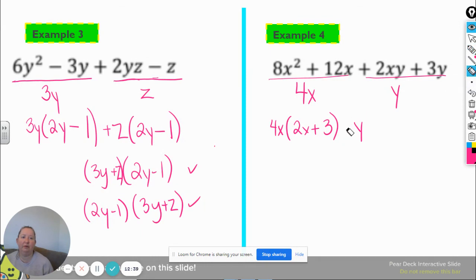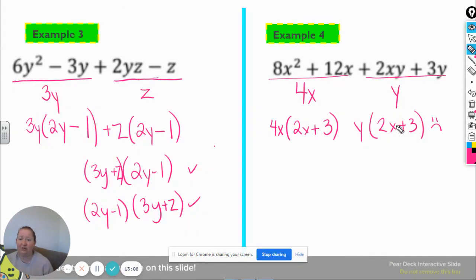Now I want to make sure that you see this too. This is really important. If I were to write it this way, y, nothing here, just y, and then write 2x plus 3, okay, there's something wrong with this. Sad face. This is not correct, okay? Because that makes it look like you are multiplying all of these things together. You are not doing that. If you multiplied all these things together, you would not get back this.